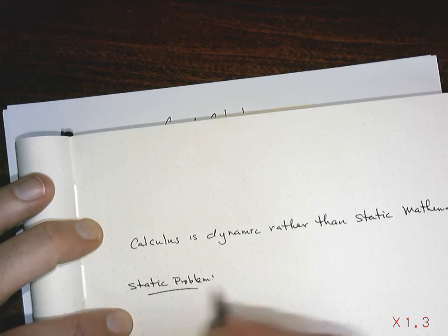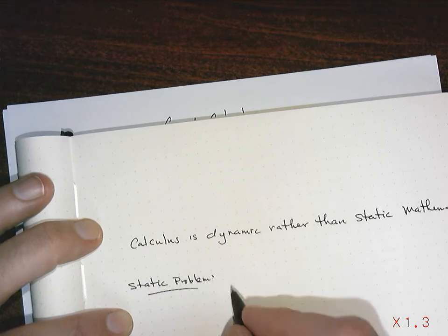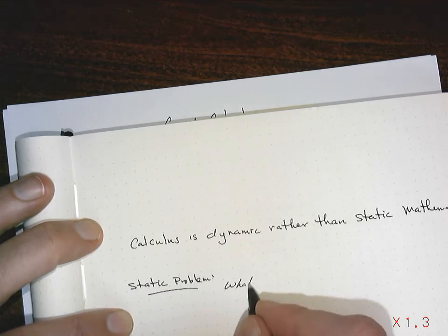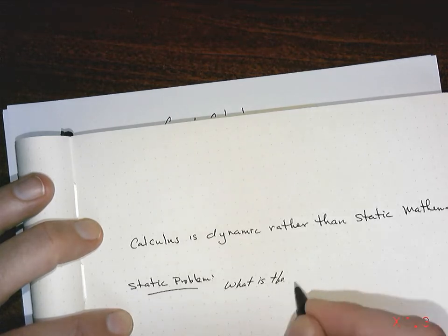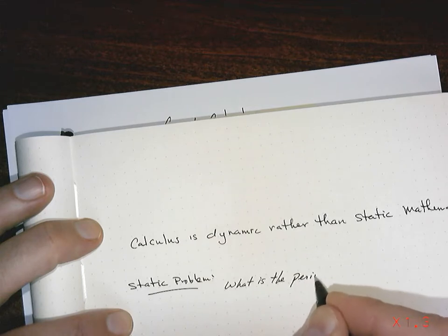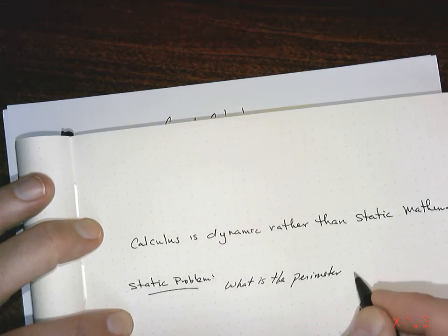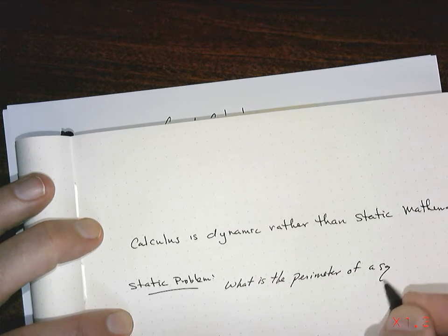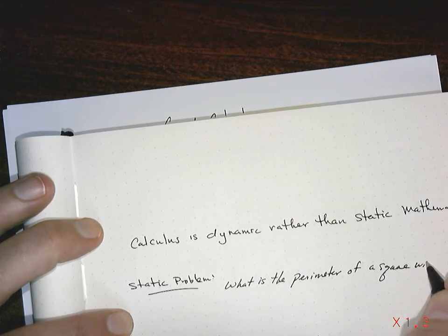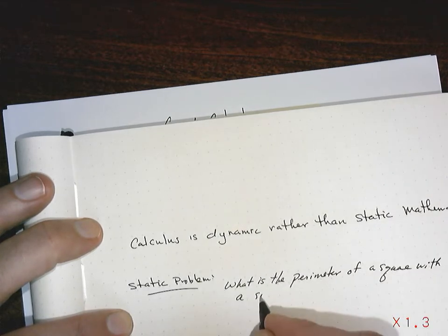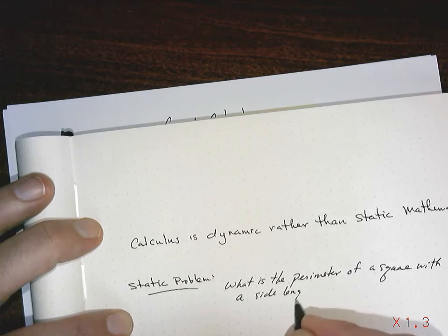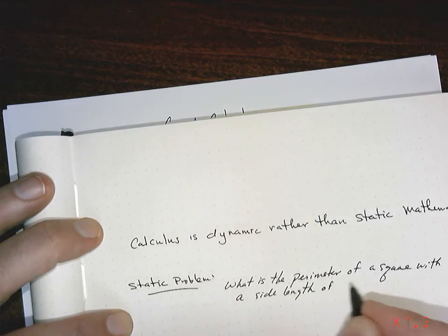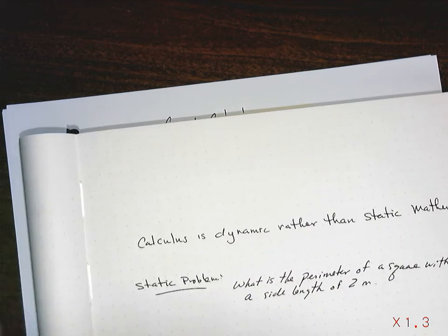Something you've done a billion times. What is the perimeter of a square with a side length of 2 meters?